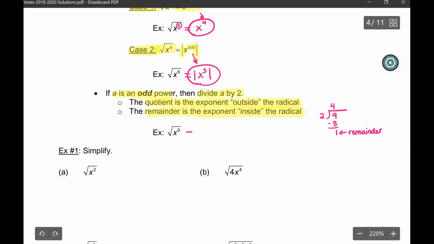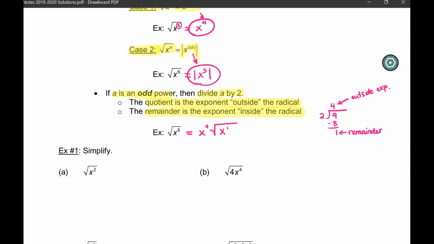The 4 goes on the outside, so I get x to the 4th power, and because I had a remainder, I'm going to put an x to the 1st back under the square root.